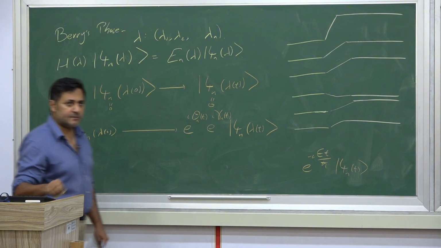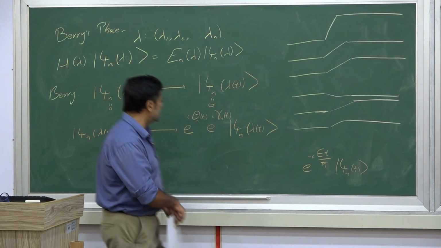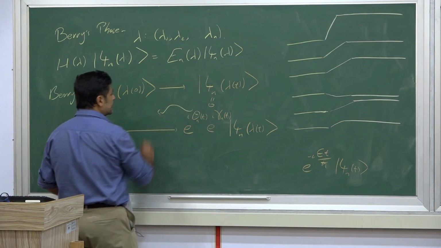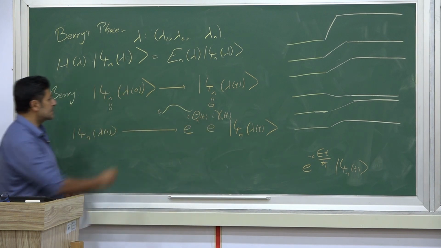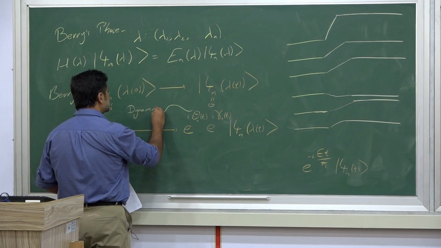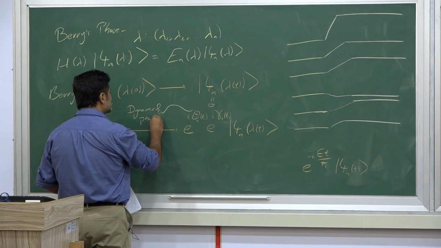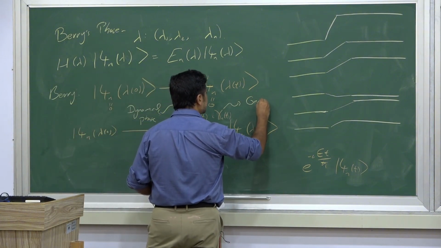It is not very strange to expect this, but even further, he split them into two parts. This is called the dynamical phase, and this is called the geometric phase.